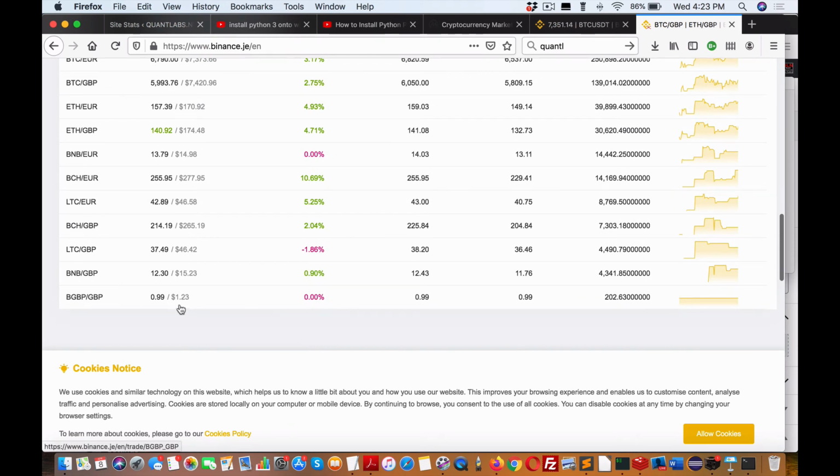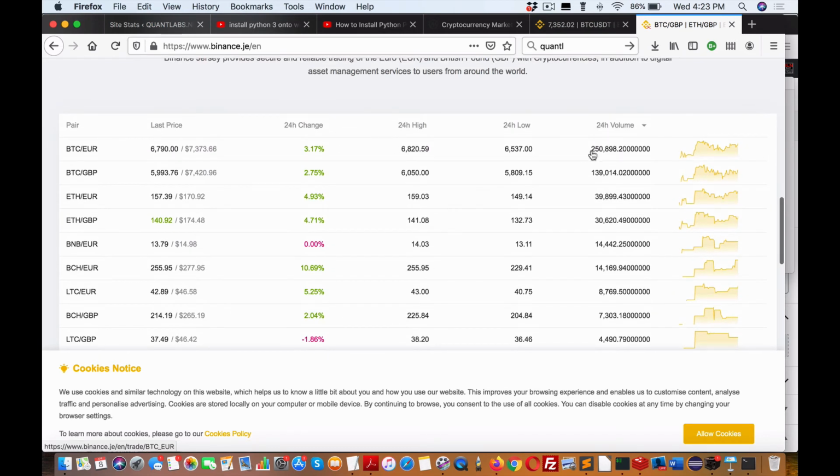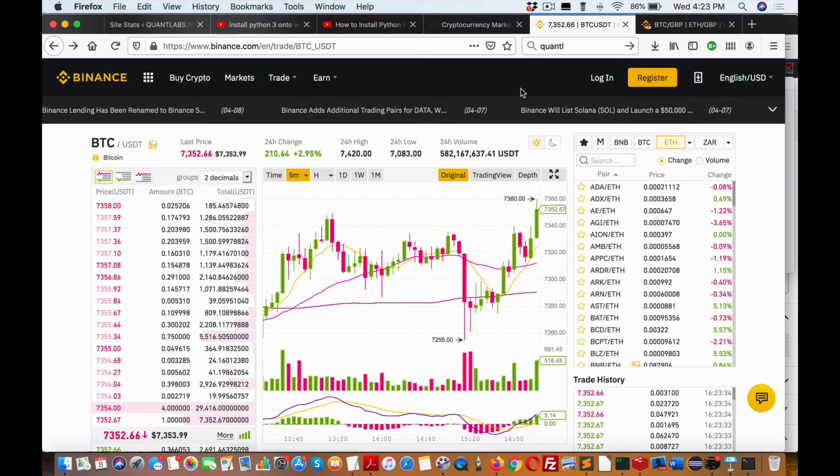That's all right, but you can see here again the volume is pretty bad: €250,000 a day, $140,000 or British pounds a day. Why bother? This is why you've got to go back to Binance.